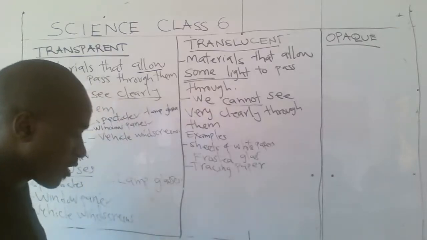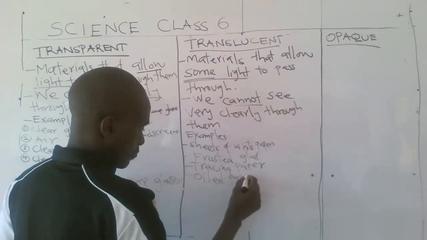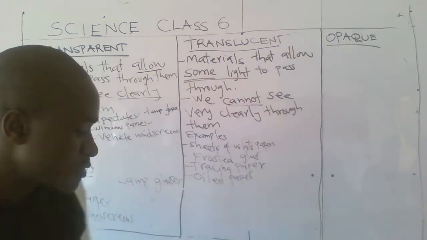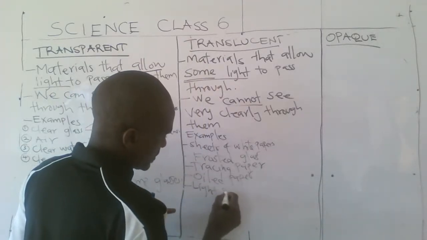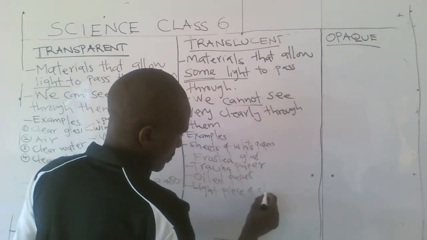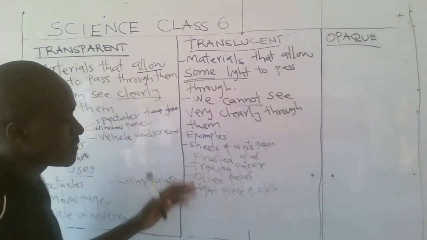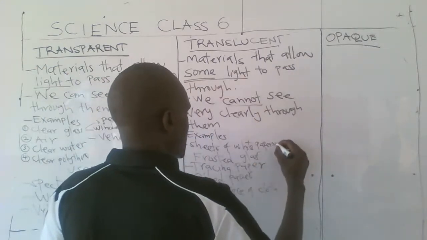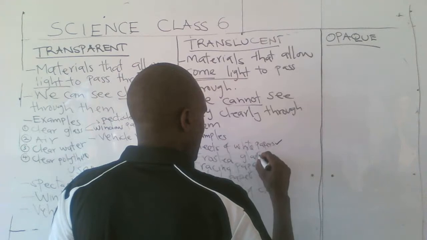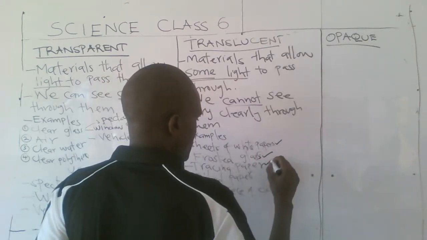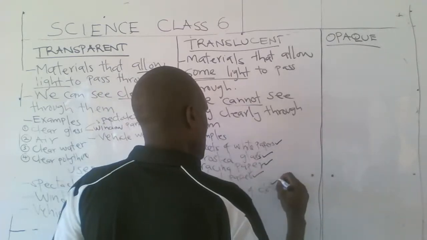We have oiled paper. Also, a white piece of cloth, a light piece of cloth. These are examples of translucent materials: the sheet of white paper, frosted glass, tracing paper, oiled paper and light cloth.